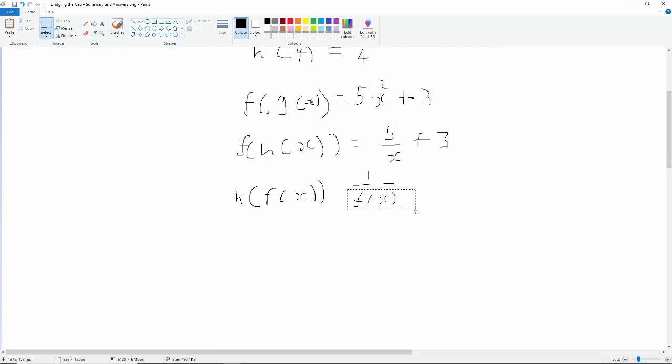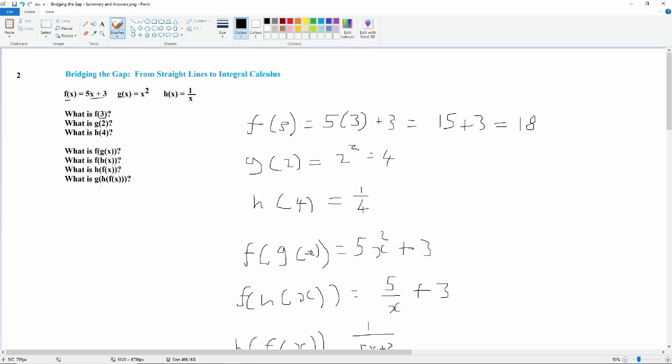So we can replace f of x with 5x plus 3. That's h of f of x.